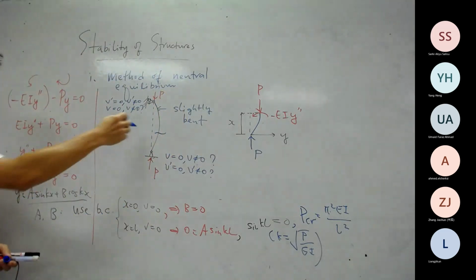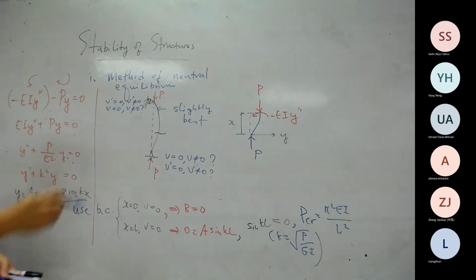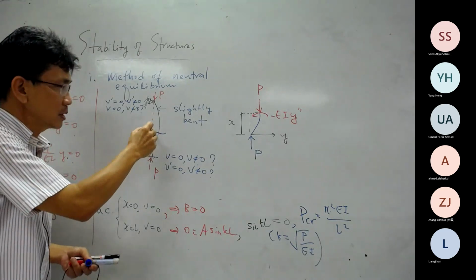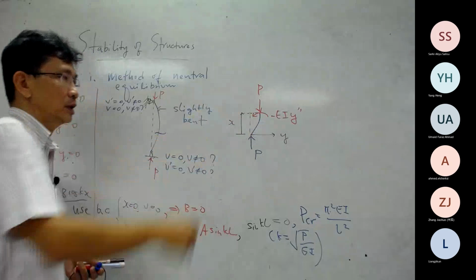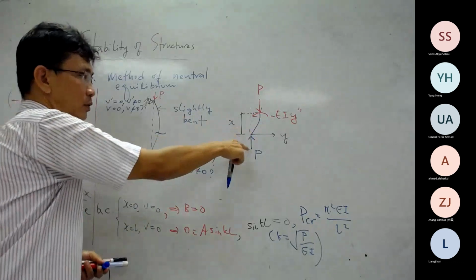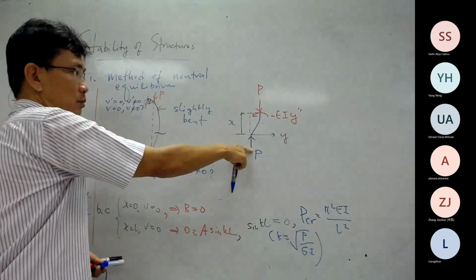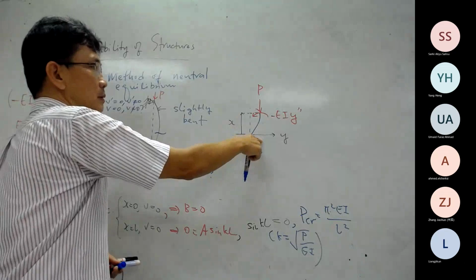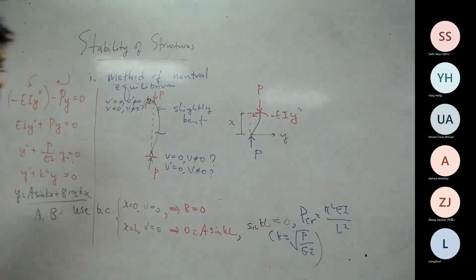And then when you cut through this part of the slightly bent shape and draw the free body diagram, what are the end forces, the reaction forces at the end, that will affect your equilibrium equations?